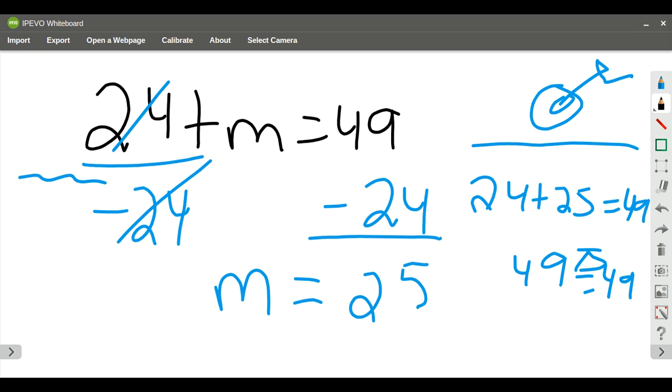I'm going through and solving to make sure that my equation is balanced and that m really equals 25. If you don't do this proof and you get the value of the variable wrong, you're not going to know. You always need to go back and substitute the variable into the original equation. Or when we talk about hands-on equations, you just go back to your original physical setup and check.